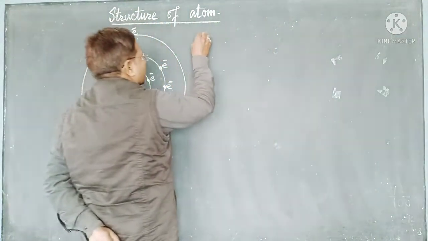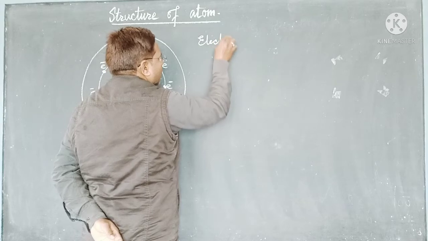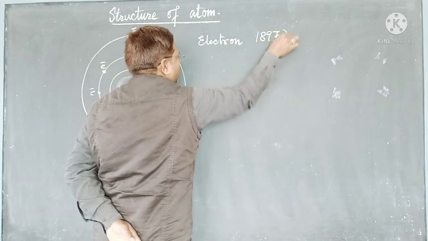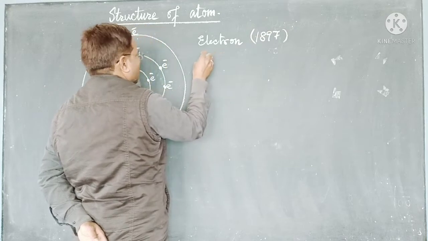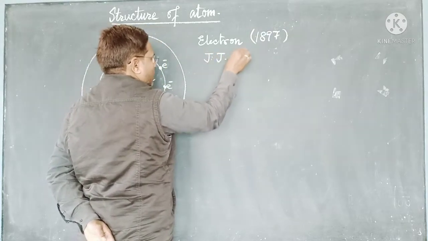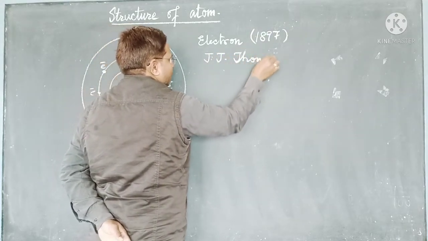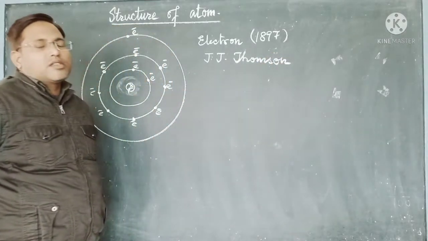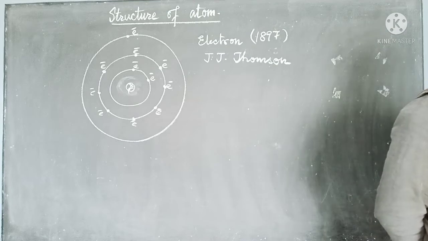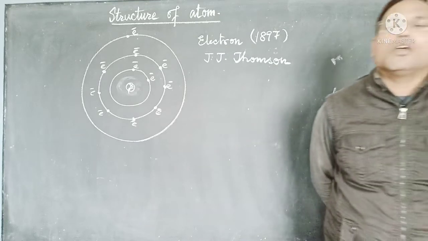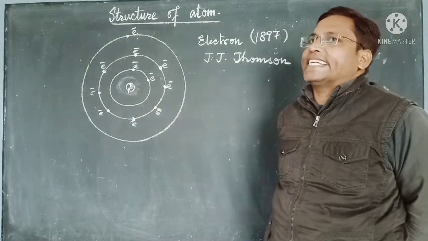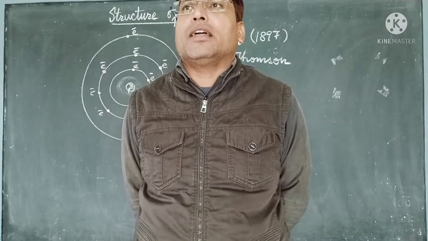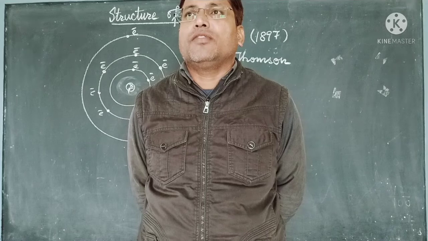Electron was discovered in 1897 by J.J. Thomson. This scientist discovered the electron in 1897 by performing an experiment or activity.